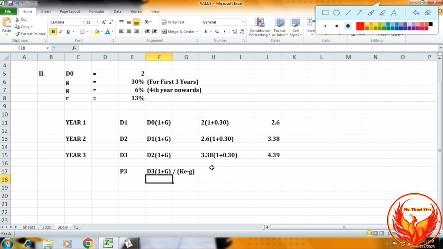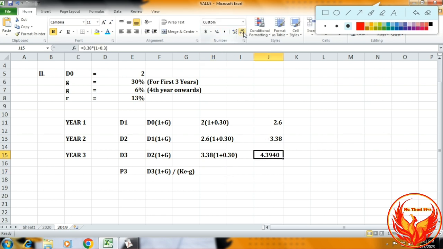Therefore, D3 is already calculated, 4.394 rupees, into 1 plus G. From the fourth year onward the growth rate is 6%; for the first 3 years the growth rate is 30%.